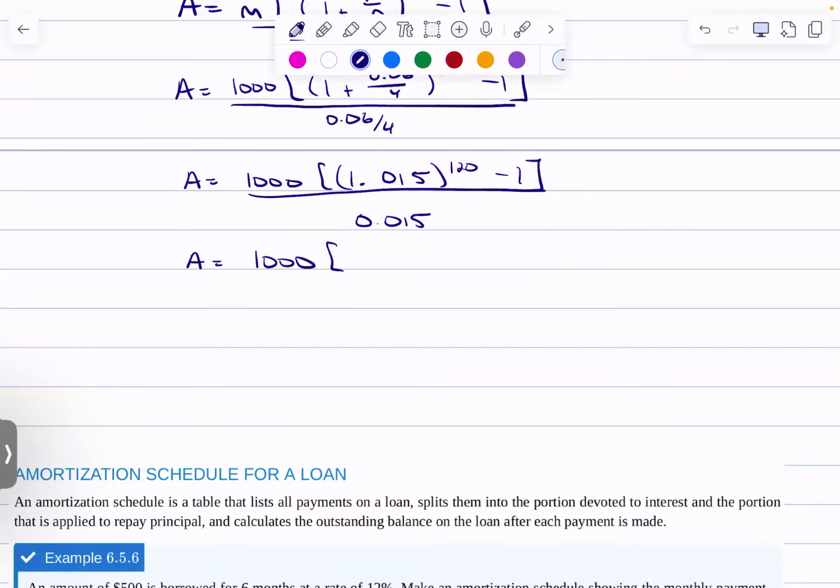A is 1000 times, I'm just going to do the minus 1 right away, because I'm lazy, 4.969322872 divided by 0.015.